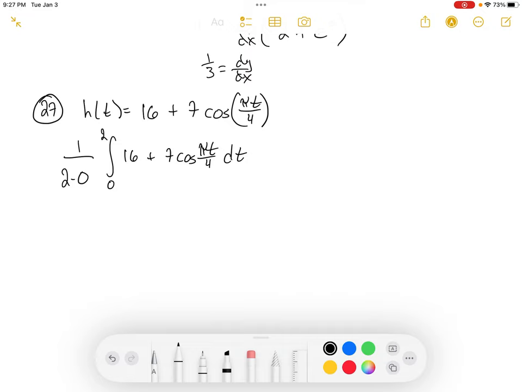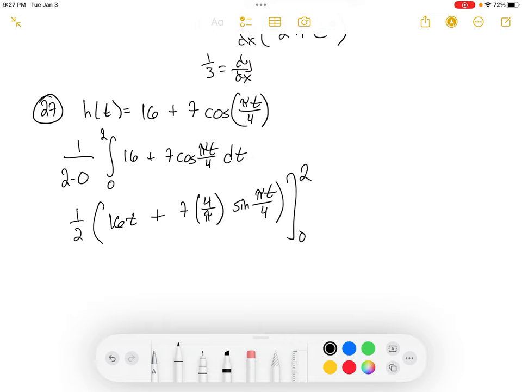Well, we can just take this, this is 1/2 times the integral, which is going to be 16t plus, oh boy, we're going to get a pi over 4 that comes out, so we're going to need a 7, and then we're going to need a 4 over pi to reverse that chain rule. And I think sine of pi t over 4 evaluated at 0 and 2.